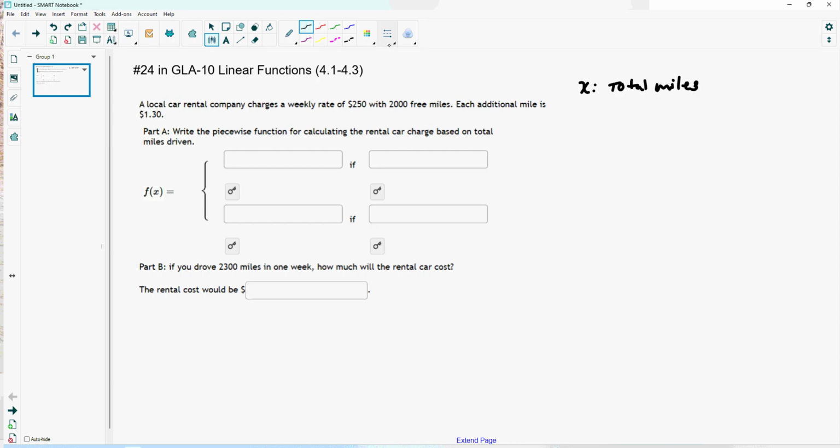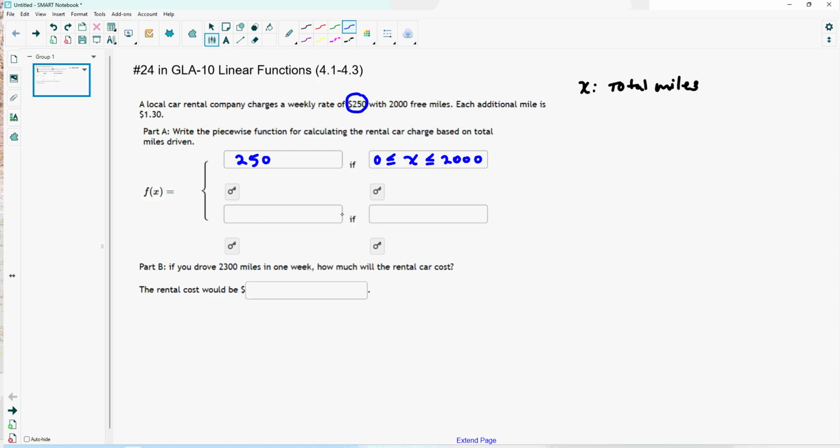Okay. What else? Well, we see that we pay $250 to start off with, right? And as long as we stay below 2,001 miles, so anywhere from no miles driven to a maximum of 2,000 miles driven, then we have to pay only $250.